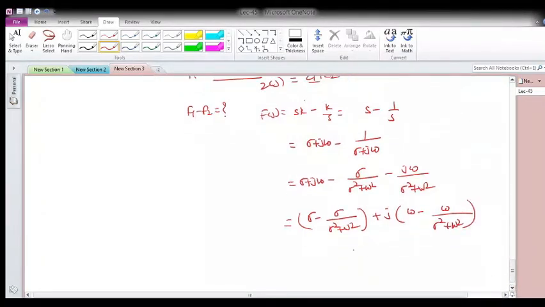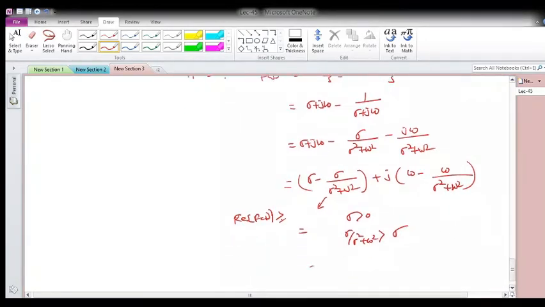Now see, the real part of s, if it is greater than 0, σ greater than 0, is it necessary that the real part of F(s) will be greater than 0? Not necessary, because the real part of F(s) may be negative when σ/(σ² + ω²) is greater than σ.